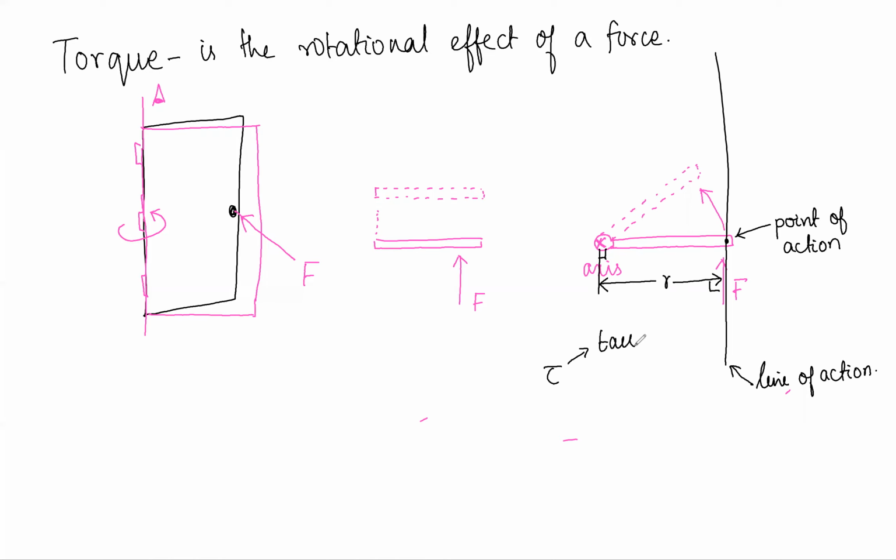So torque depends on R. It also depends on F. In fact, if you write the perpendicular distance from the axis to the line of action, then you can write torque is equal to R times F, where R is the perpendicular distance from the axis to the line of action.